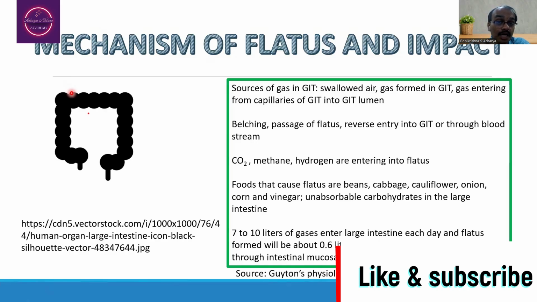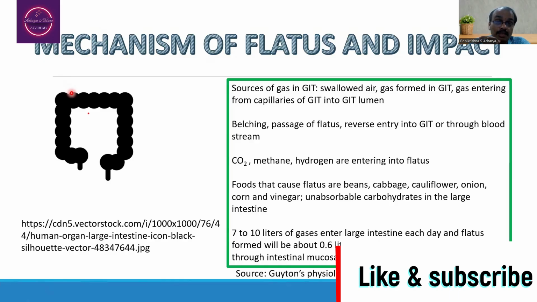It is mentioned that the food substances responsible for increased gas formation, as per Guyton's physiology, are beans, cabbage, cauliflower, onion, corn, and vinegar. Certain unabsorbable carbohydrates are also responsible for increased bacterial action, thereby forming increased gases in the large intestine.